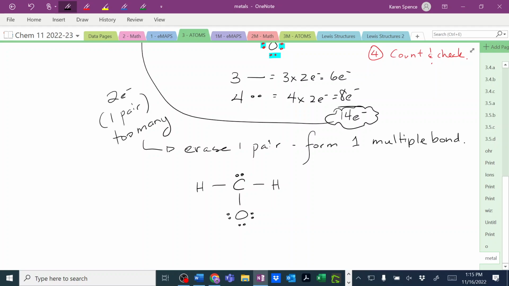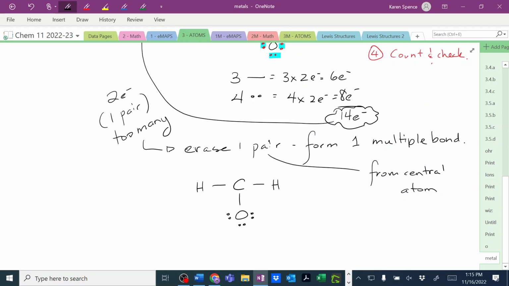The C, because I'm going to erase electrons from the central atom when possible. Then you just remove it from whatever looks best after that. There is a little bit of art to this.